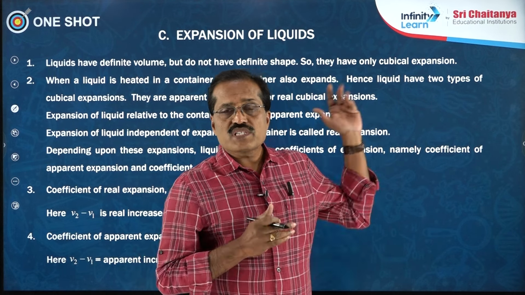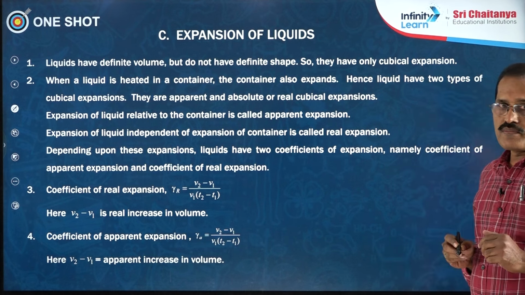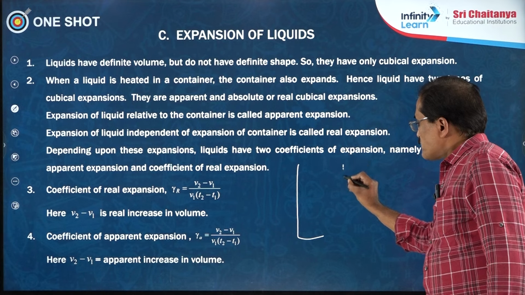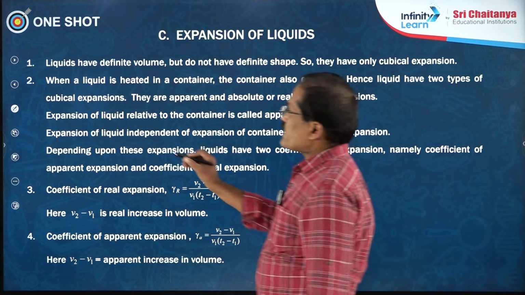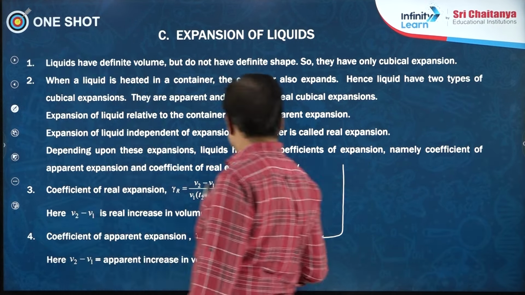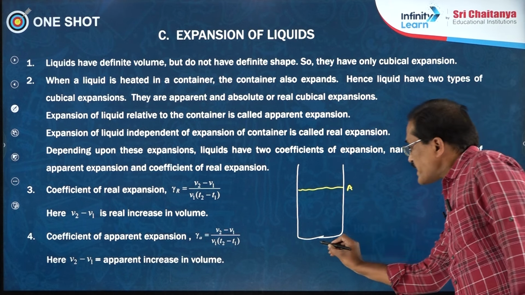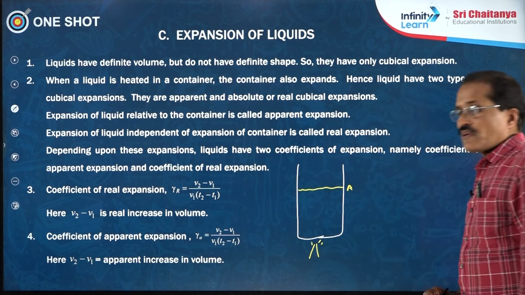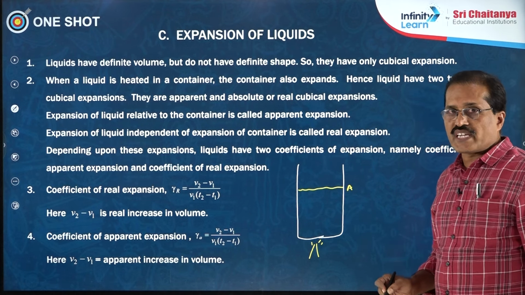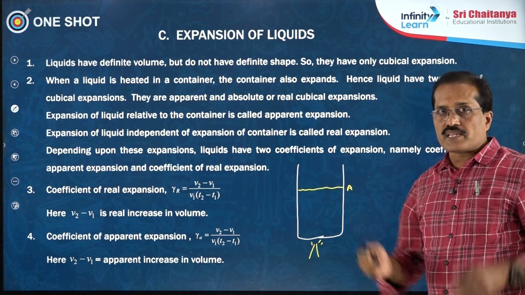As I already mentioned, liquids have a defined volume. Here this is a vessel, and you have taken a certain volume of liquid up to level A. When you heat it, the solid vessel is first exposed to the heat and starts expanding.